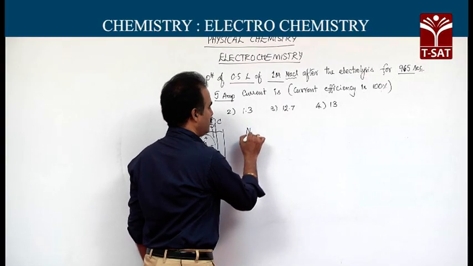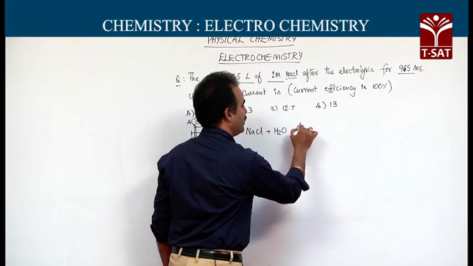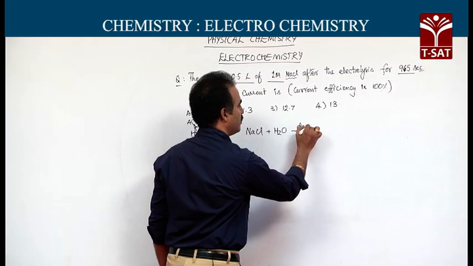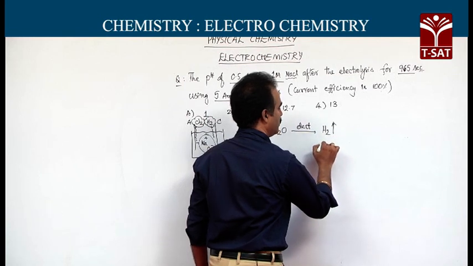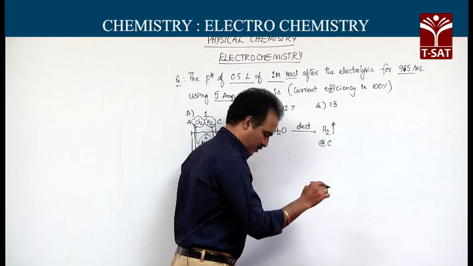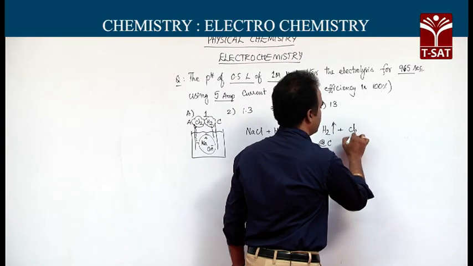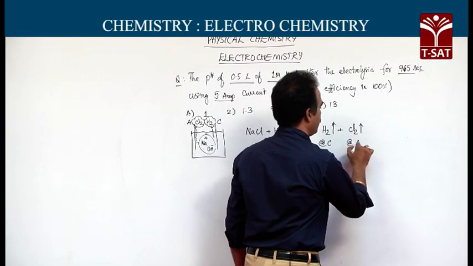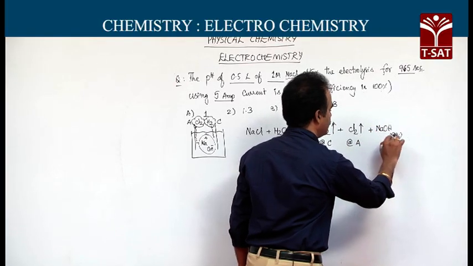Writing the equation: NaCl plus H2O, when you subject it to electrolysis, you will get hydrogen gas liberated at cathode and chlorine gas liberated at anode, and sodium hydroxide is formed in solution.